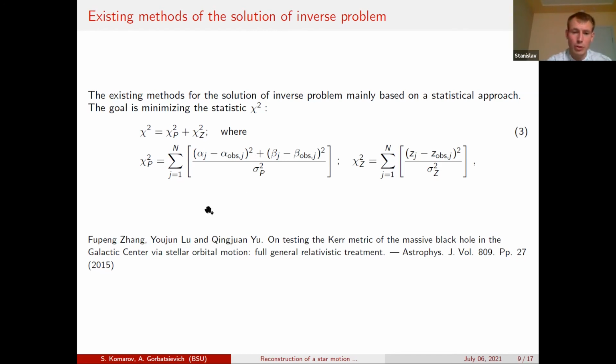This formula is from the following article. But in most cases, only redshift is used because the observational position of the stars is measured with much less accuracy, while redshift can be measured with high accuracy.